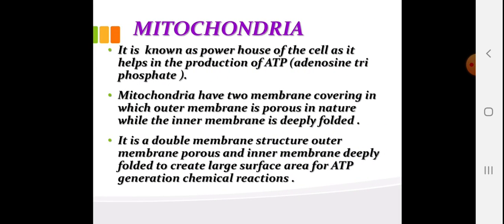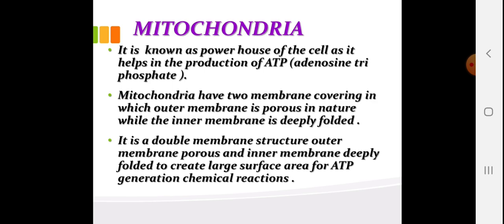Mitochondria, it is the most important cell organelle because it produces ATP, which is also known as the currency of the cell. It is the major source for energy release as well as storage of energy. It is known as the powerhouse of the cell as it helps in the production of ATP, adenosine triphosphate.